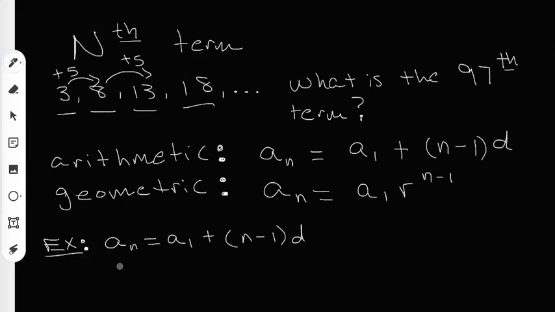Well, I don't know what AN is yet, so I'm just going to leave it the way it is. Okay? This is actually going to be my answer at the end. What's A1? Well, A1 is going to be the first term, right? My first term is 3. And what's my n? Well, we're going to fill that in later. So I'll leave that as n minus 1. And then what's d? That's going to be what we're adding by each time, right? That's going to be 5.